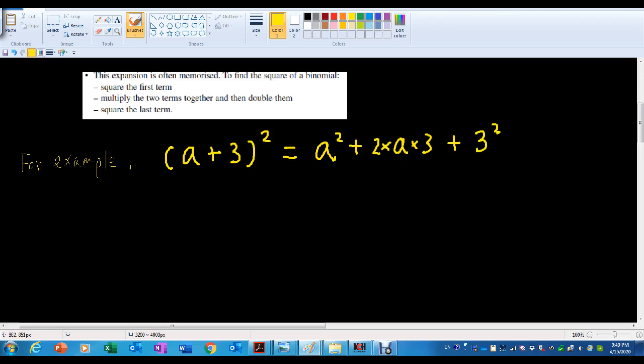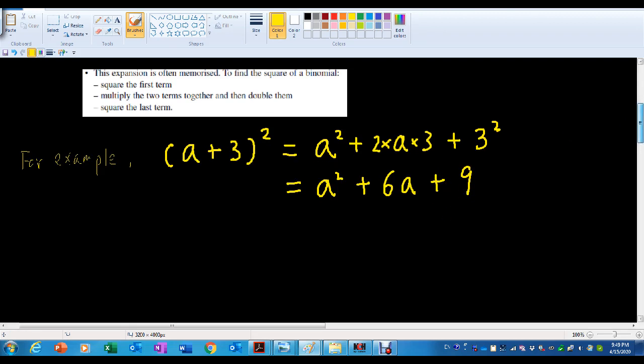Then you simplify: a squared plus 2 times a times 3. You move 3 to the front, so that means 2 times 3 times a, that's 6a, and plus 9. So that's one example. Let's do another one.